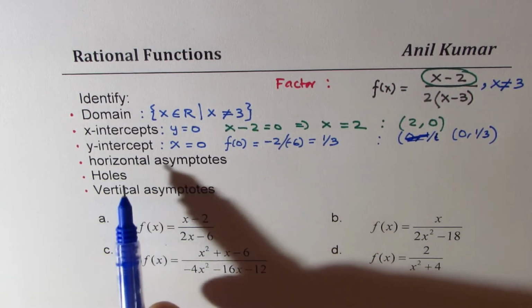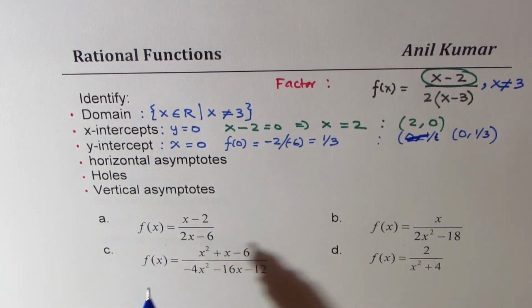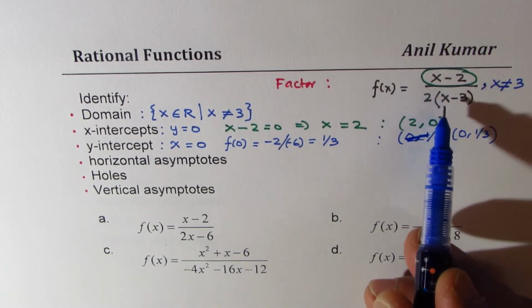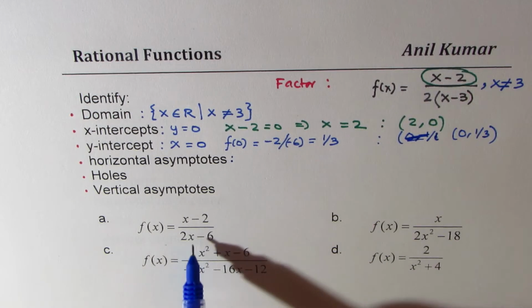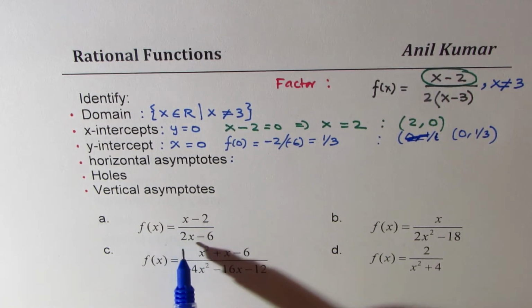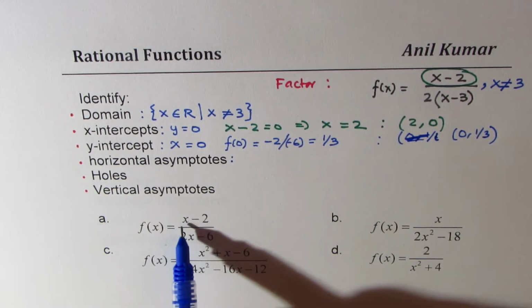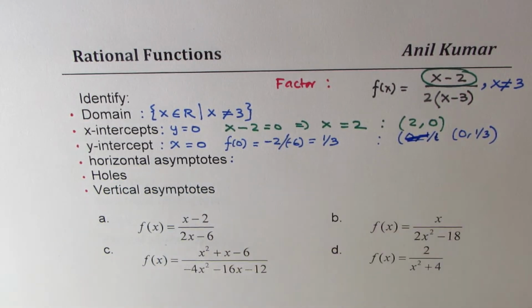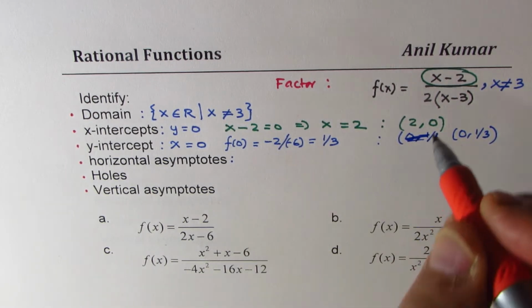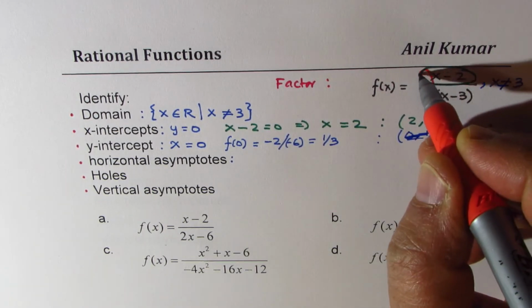Perfect. Horizontal asymptote. Now for the horizontal asymptote in this, we know the degrees are the same, correct? Degrees are the same, so we take the ratio of leading coefficients. Here, we're looking for this ratio.